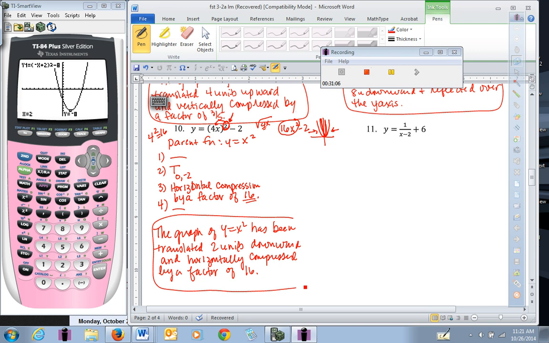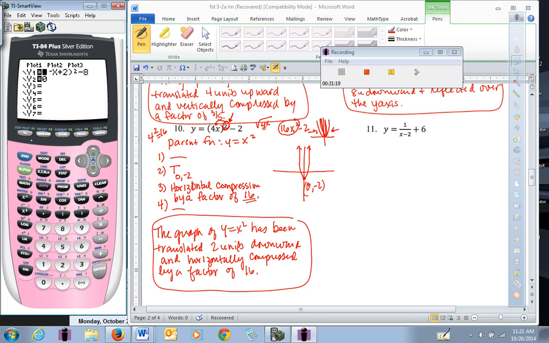So it's going to be a pretty skinny little graph here. So let's see what happens. We would move it down to 0, negative 2, and then we're going to make it really skinny here. So this would be at 0, negative 2. Okay, let's try that over here and see what happens. I put parentheses 4x, and then I square it, and then I say minus 2. So it looks like a pretty super skinny little parabola there.